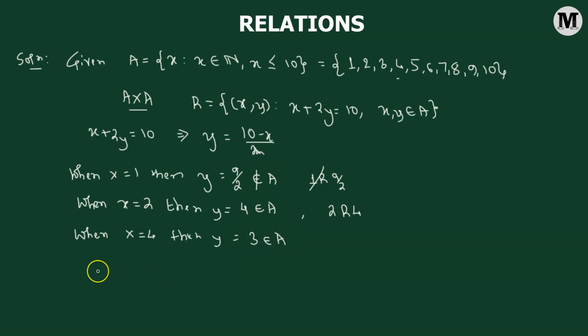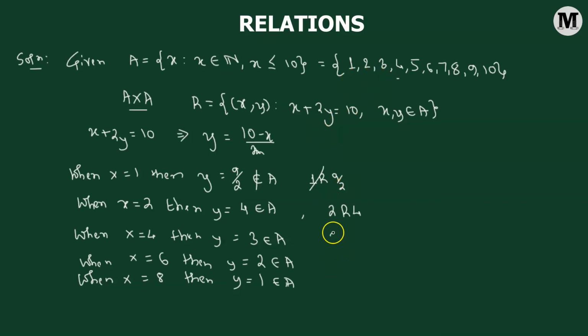So we have 3 belonging to the set A. When we have x equal to 6, the y value is going to be equal to 2, which belongs to the set A. And when we choose x equal to 8, the y value is going to be equal to 1, which belongs to the set A. We cannot choose x equal to 10, because then the y value will become 0, and 0 is not a member of the set A. So we have 4R3, a relationship that holds. We have 6R2 that holds as well, and then we have 8R1.